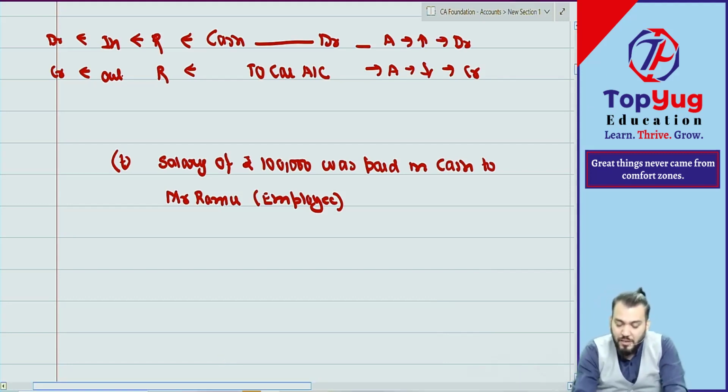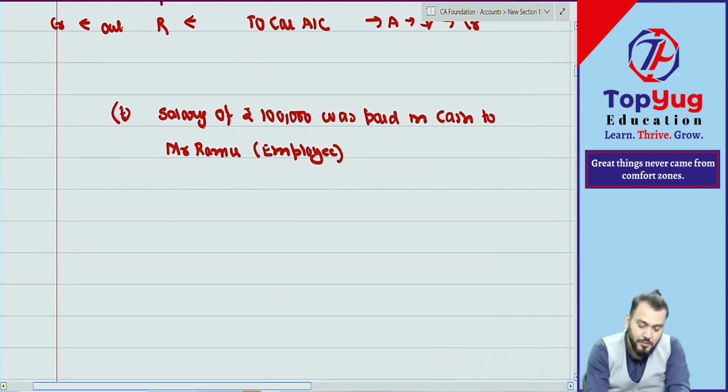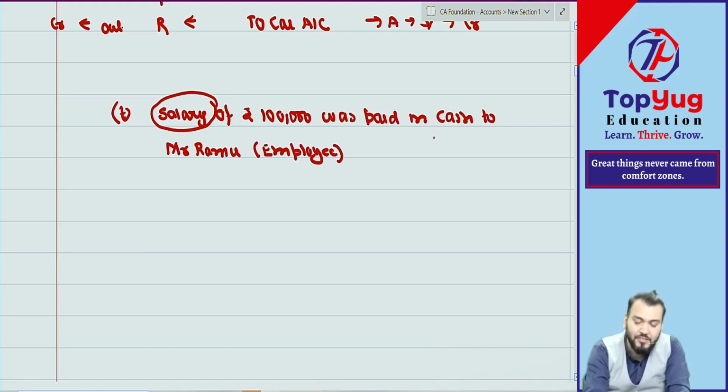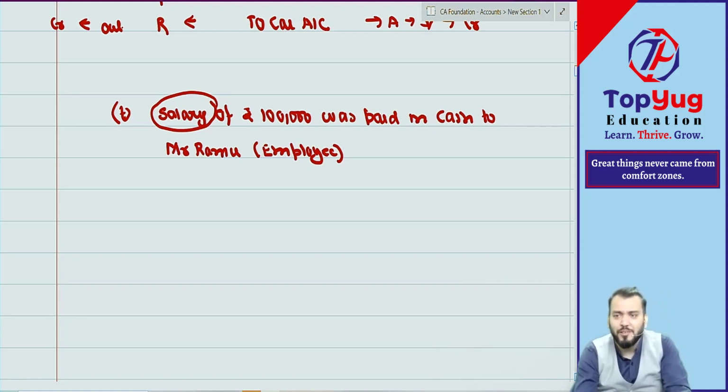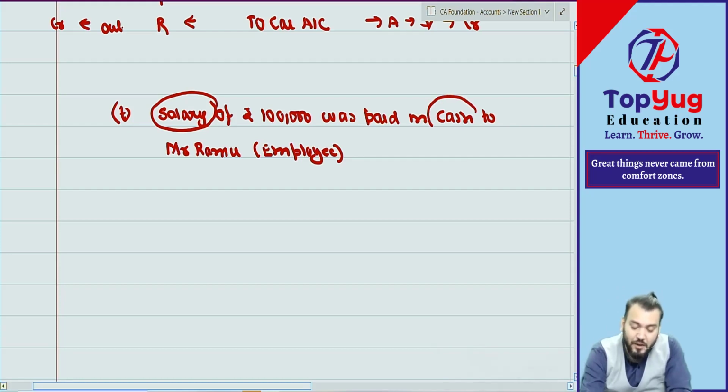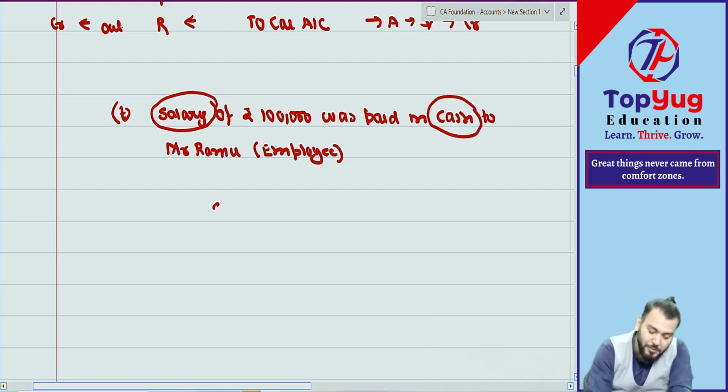Tell me, what are two aspects? Salary and Ramu, or what? Now salary was paid to the employee in cash. So can you say we are not supposed to open Ramu account because we already paid in cash? Correct. Now it is cash account. Two aspects are salary and cash account. What journal entry you have done? Salary account debit to cash account.